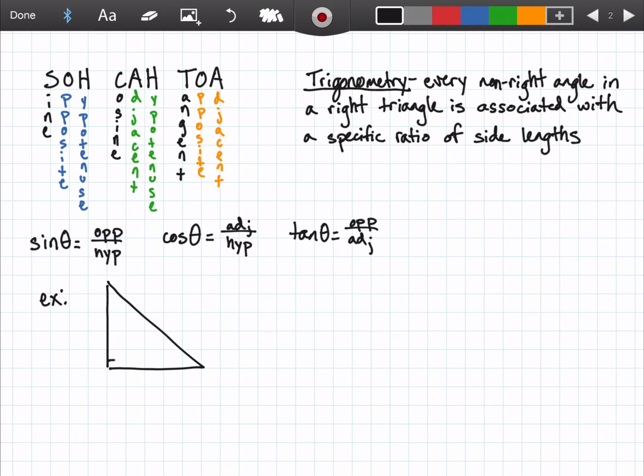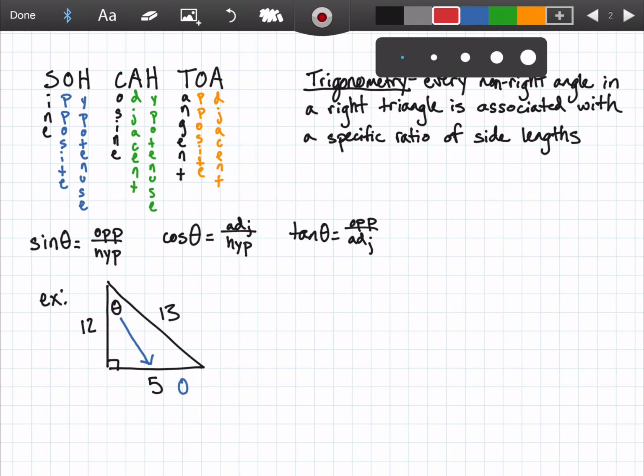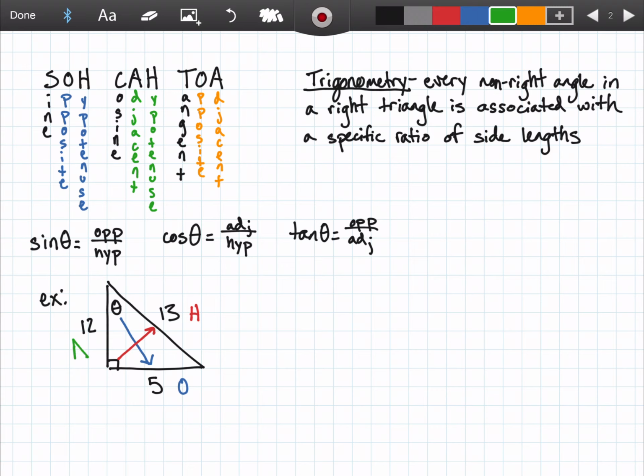So let's put theta up there. There's my reference angle. And let's say I got 5, 12 and 13. All right. The side directly across is going to be my opposite. Hypotenuse is always opposite from the right angle, so it's always the hypotenuse. That leaves our other one to be adjacent.